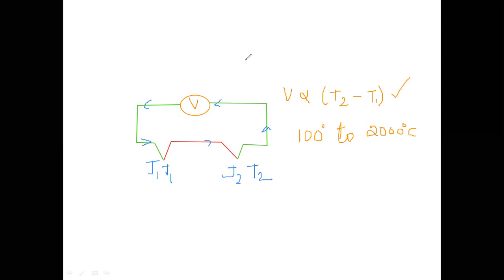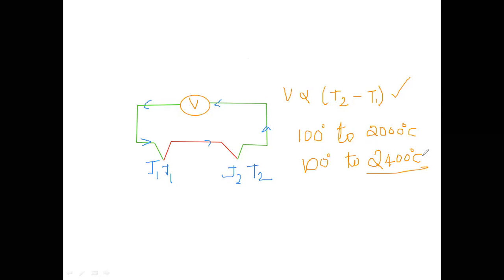An example is the platinum rhodium and platinum thermocouple, whose range is from 100 degrees centigrade to 2400 degrees centigrade. This is the maximum range for using thermocouples.